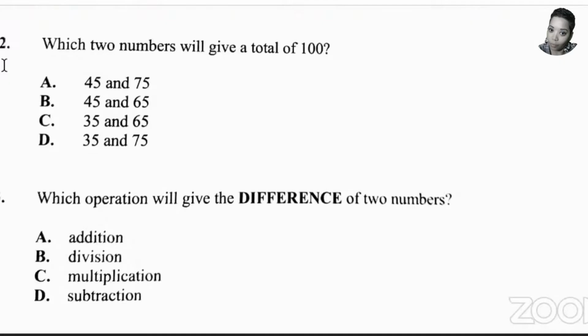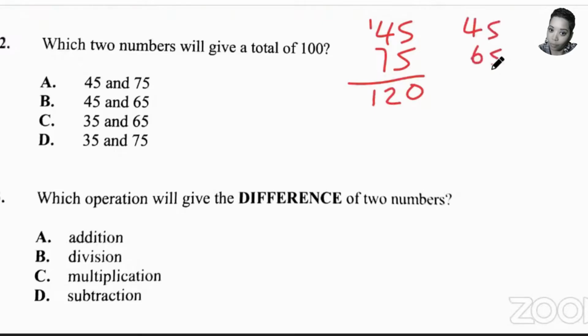So again, we have for each option 2 numbers. You would need to add the 2 numbers each and then see which has a total of 100. Let me try to do these quickly. So 45 and 75, 5 and 5, that's 10, and that gives us 120. That's not 100. So let's try 45 and 65.